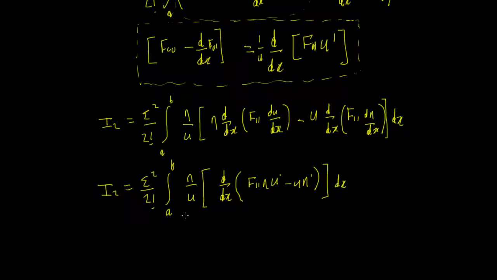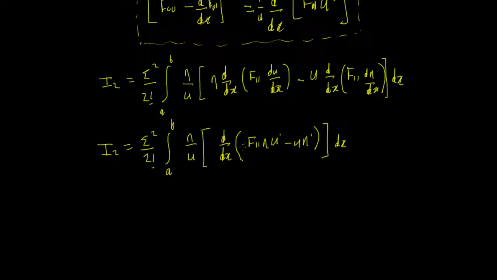Now you might look at that and ask how I was able to do this, because what I've done there is, if you look at the top line to that line, I've taken that eta inside that differential, and I've taken that u inside that differential. So how am I able to take these inside the differential?